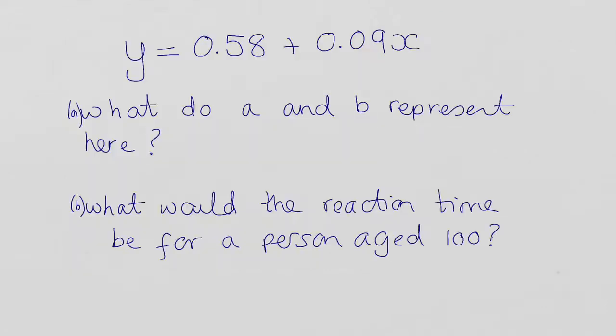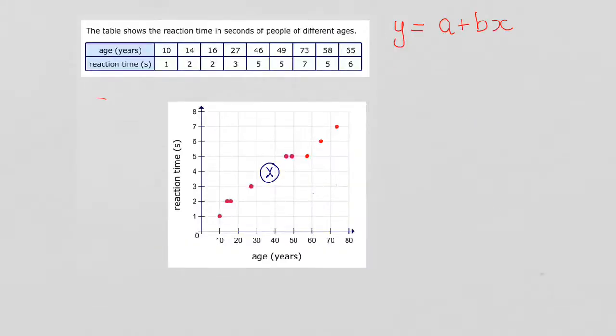So this is actually the equation of the line here, 0.58 being your intercept, 0.09 being your gradient. So back here, I just have to try and remember that now. I'm just typing it into my calculator, sorry if you wonder what I'm doing. So y is 0.58 plus 0.09x. So your intercept would be somewhere around here.